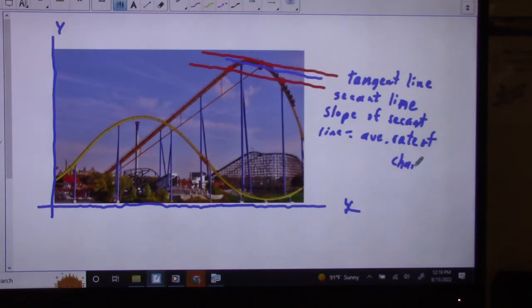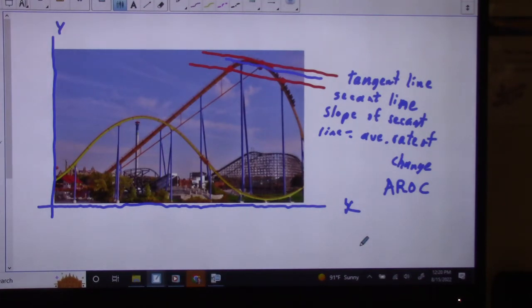A lot of calculus teachers don't like doing this, but I like it because I think it's a helpful acronym: AROC. AROC is an acronym for average rate of change.